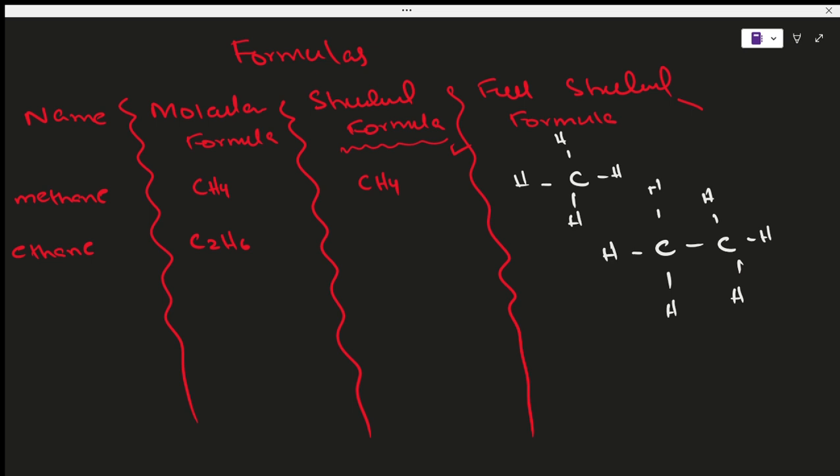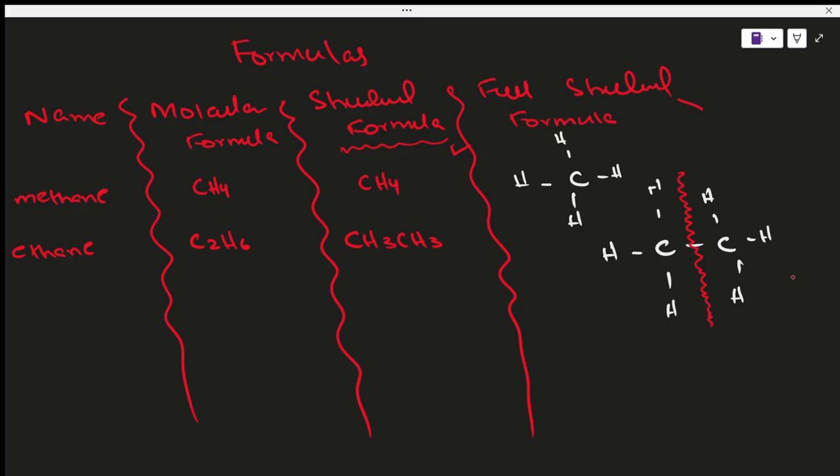And now to figure out the structural formula, what we need to do is break this from the middle. You look at the CH3s, you break it down from the middle, and now this whole molecule of C2H6 has been broken down into two different CH3s. So this becomes CH3 and a CH3, and this is how you write the structural formula.